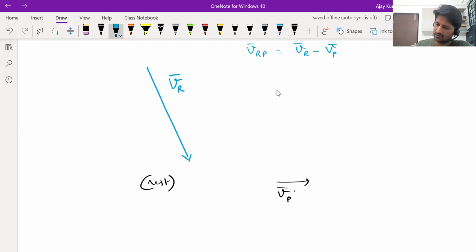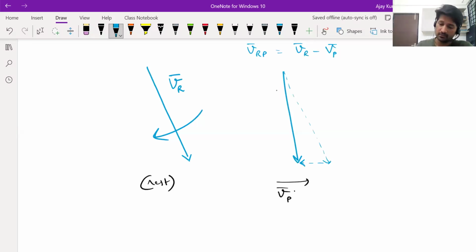The actual velocity of rain is like this. The velocity of person is to the right, so minus velocity of person will be to the left. Then they will relatively appear to fall like this. But still, the idea is the same. If the person moves to the right, this vector tilts to the left.